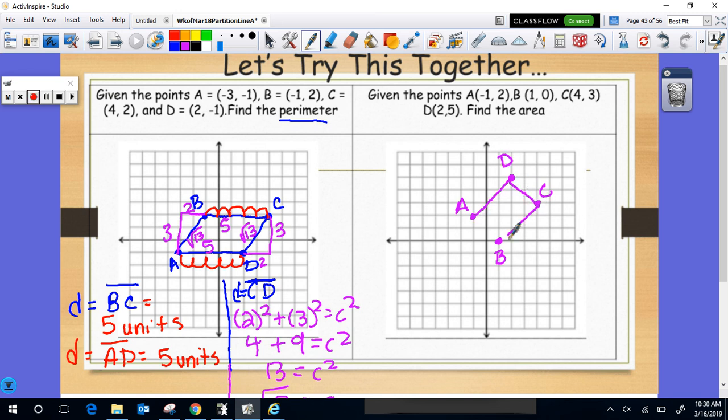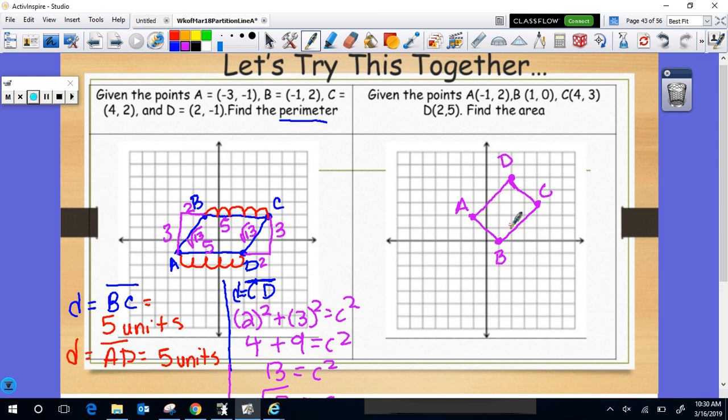Okay. So this is not as easy to look at and say base times height, because we do know the area of a rectangle is base times height, or length times width. Well, there's a couple of things we can do. We don't have to actually go to the box method for this one.